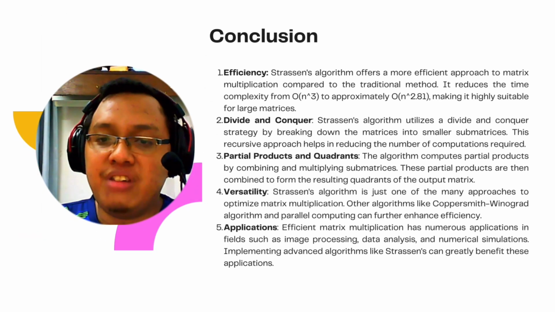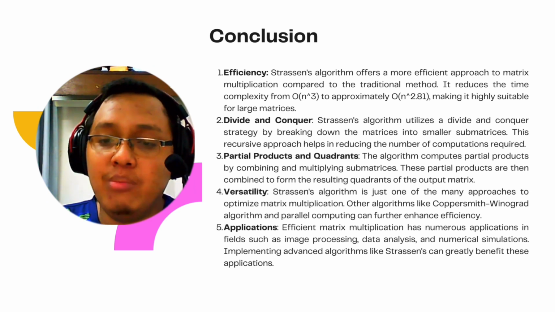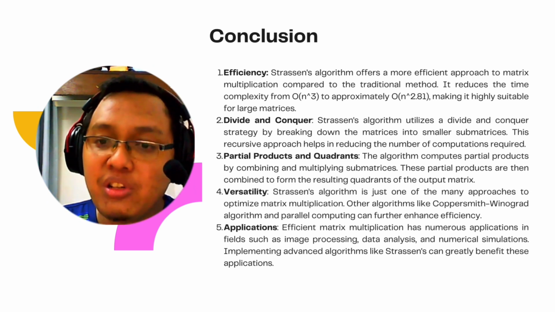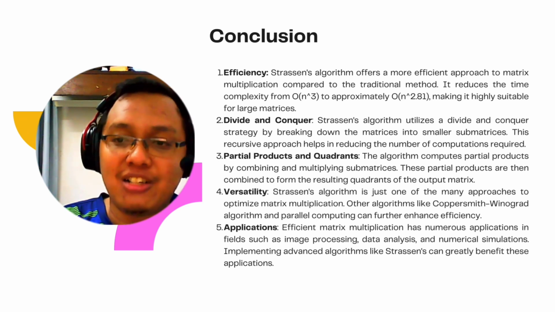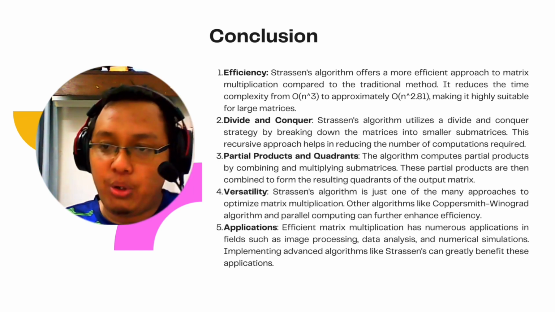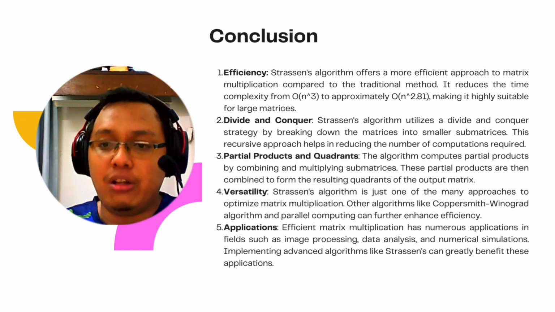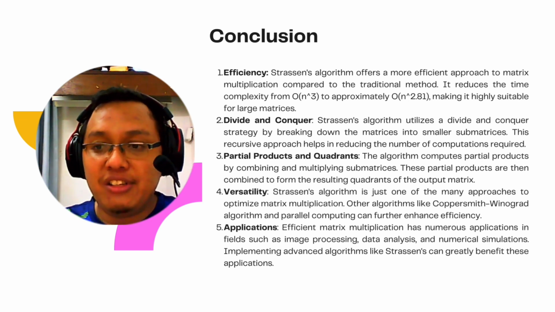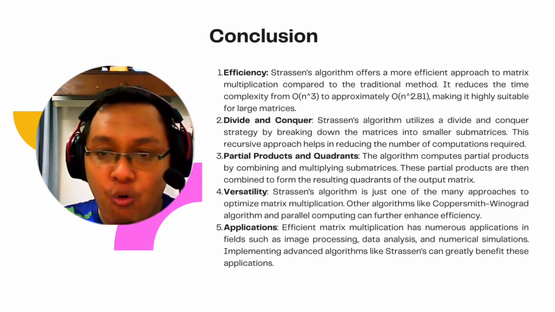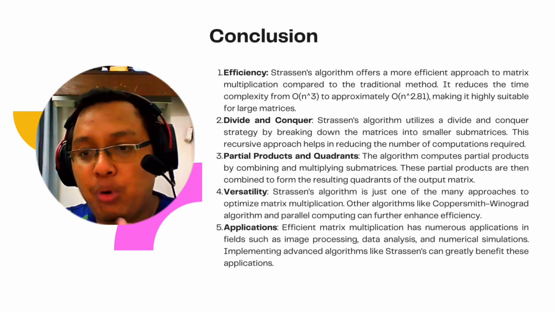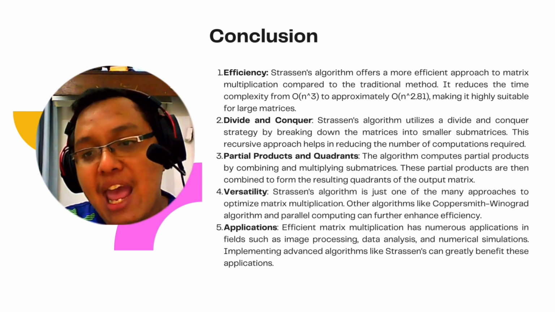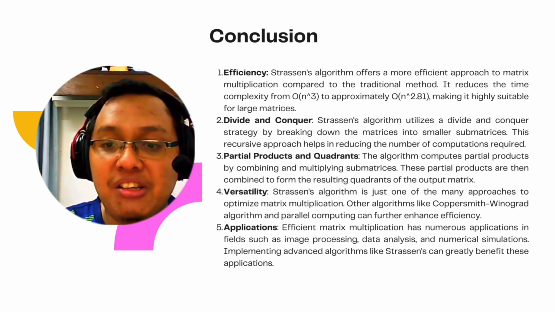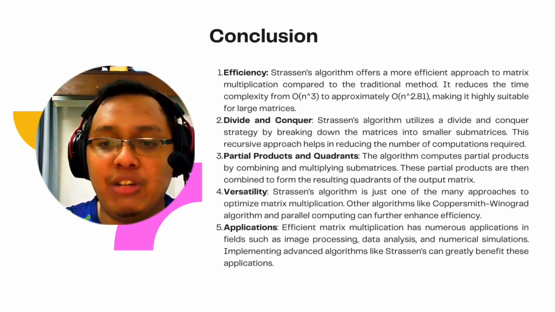Okay, to summarize the Strassen algorithm, in terms of efficiency, the Strassen algorithm offers a more efficient approach to matrix multiplication compared to the traditional method. It can reduce the time complexity from big O n to the power of 3 to approximately big O n to the power of 2.81, making it highly suitable for large matrices.